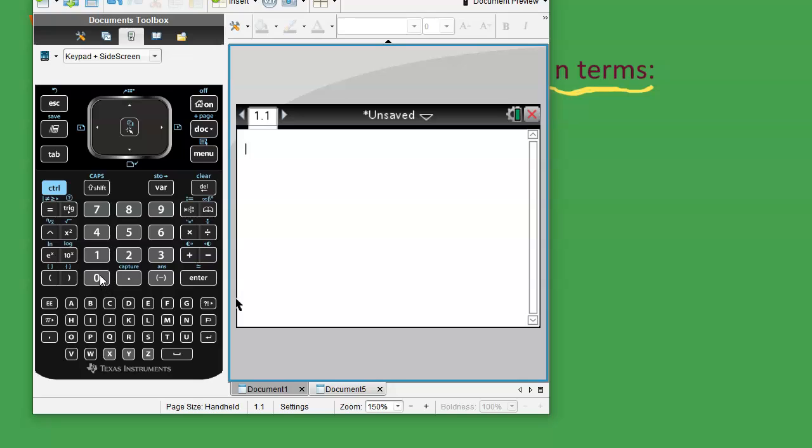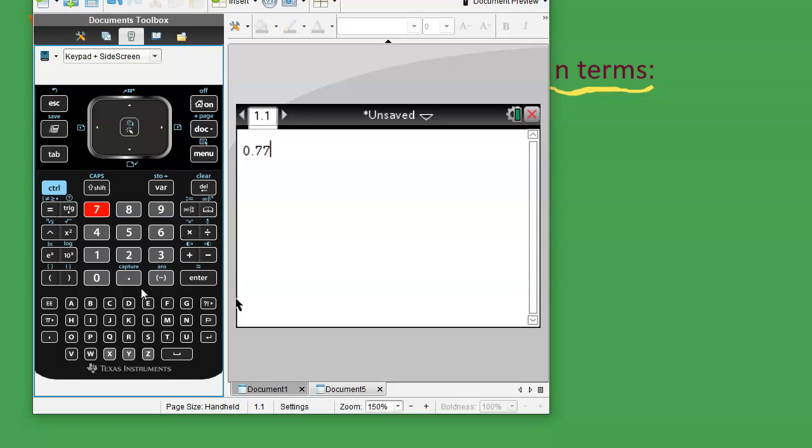So the second term of the series, 0.77, divided by the first term 0.7, is 1.1. The ratio is 1.1 between the first and the second terms.